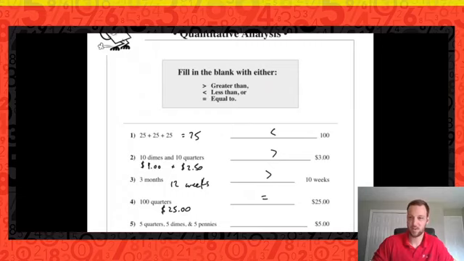All right, last one for now. Number 5. 5 quarters, 5 dimes, and 5 pennies. Well, 5 quarters is how much? We got to figure that out first, right?